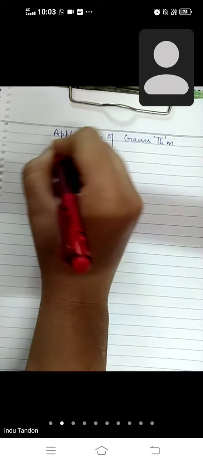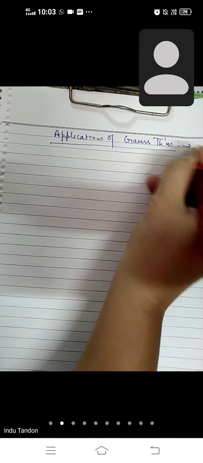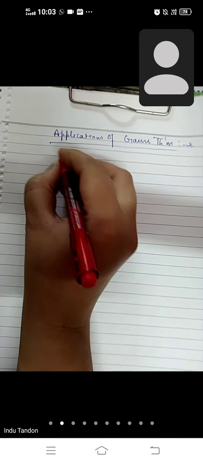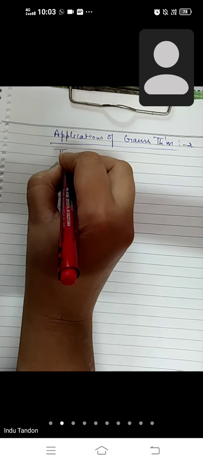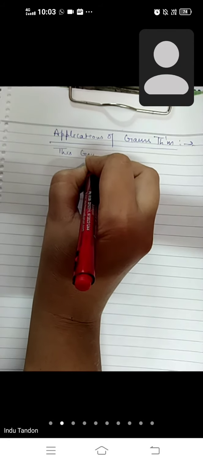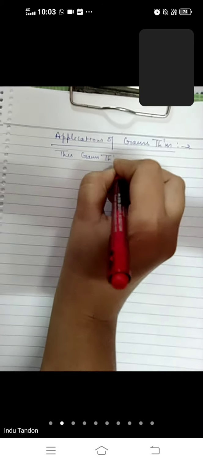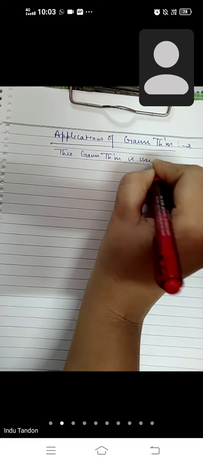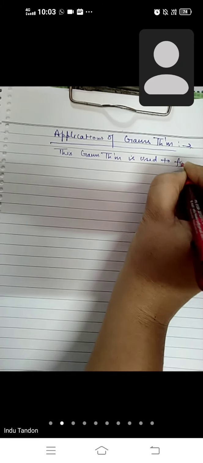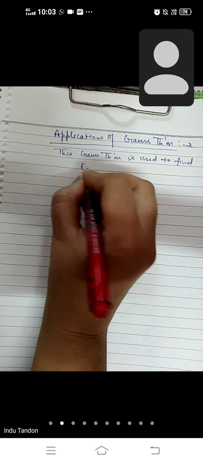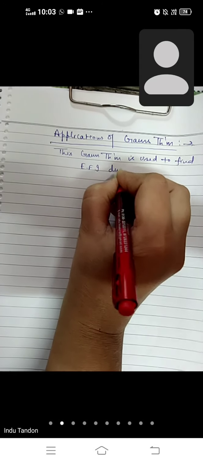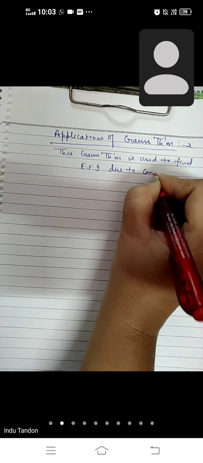Only one application we will do today. This Gauss theorem is used to find the electric field intensity due to a continuous charge distribution.